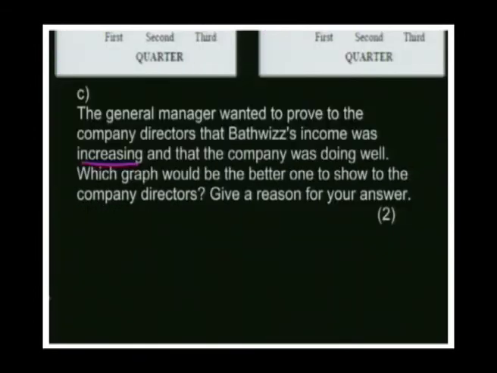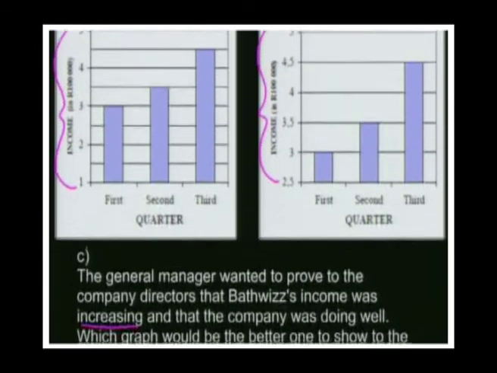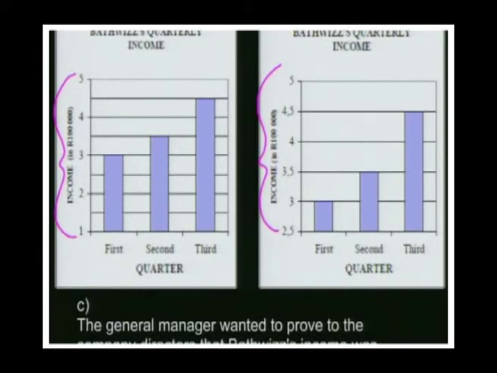Let's have a look at the graphs to see what they are telling us. In actual fact, they're telling us the same thing, because have a look here. For our 1st quarter, we've got 300,000, and 300,000. 2nd quarter, 350,000 and 350,000. And for our 3rd quarter, 450,000 and 450,000.